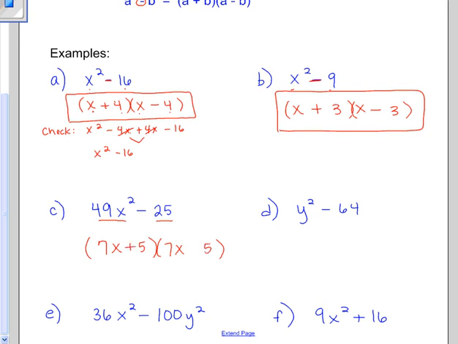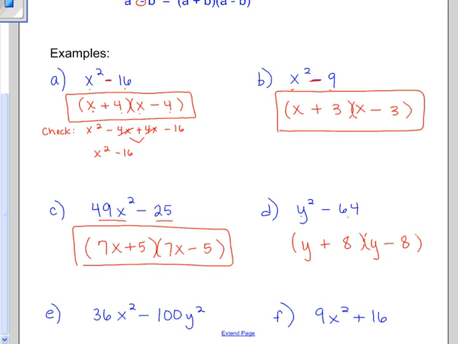One sign positive, one sign negative, and that's my answer. Okay, D is y squared minus 64. Again, both of these are perfect squares. So the square root of y squared is y, and the square root of 64 is 8. One is positive, one is negative.